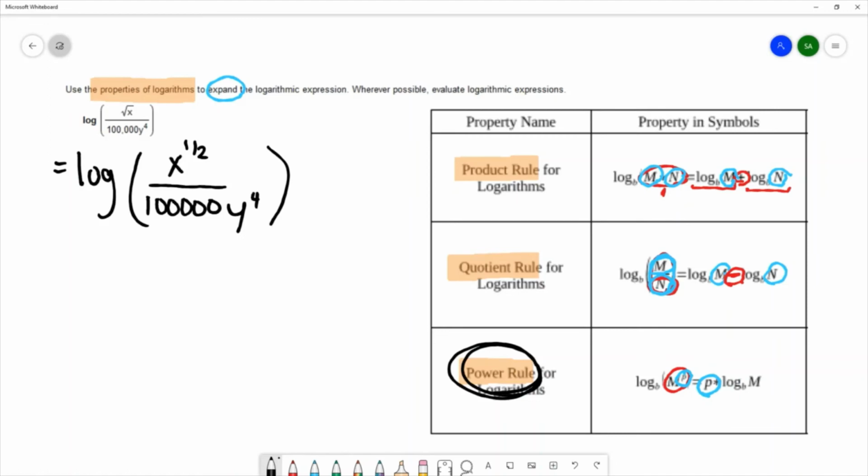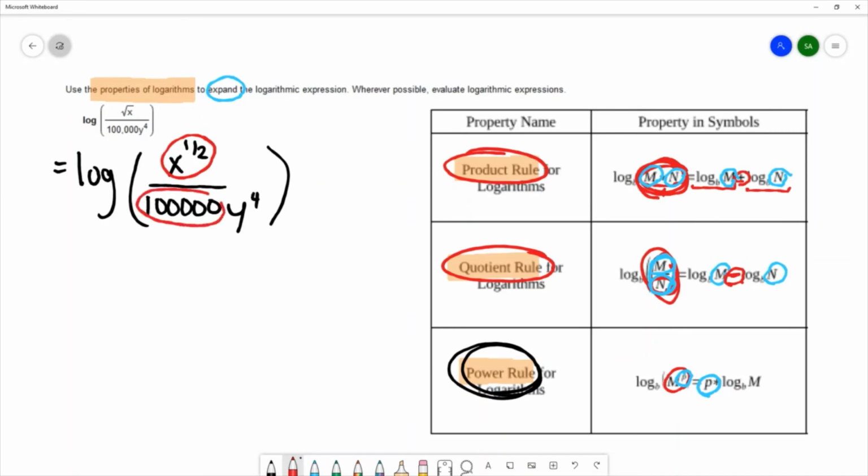So then I'm going to start by using the product and the quotient rule first. And so because I'm going to use that product and quotient rule first, I want to look inside for anywhere there's multiplication or division. So I notice that I have a factor here with division, another factor here, and another factor here.